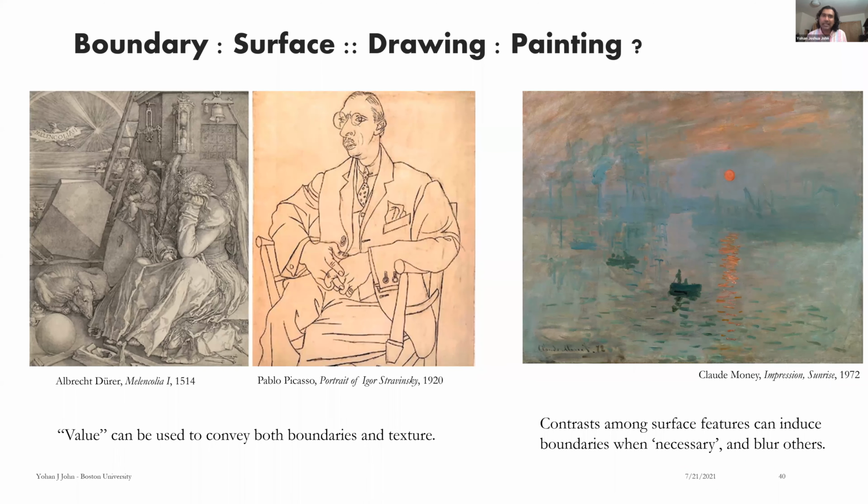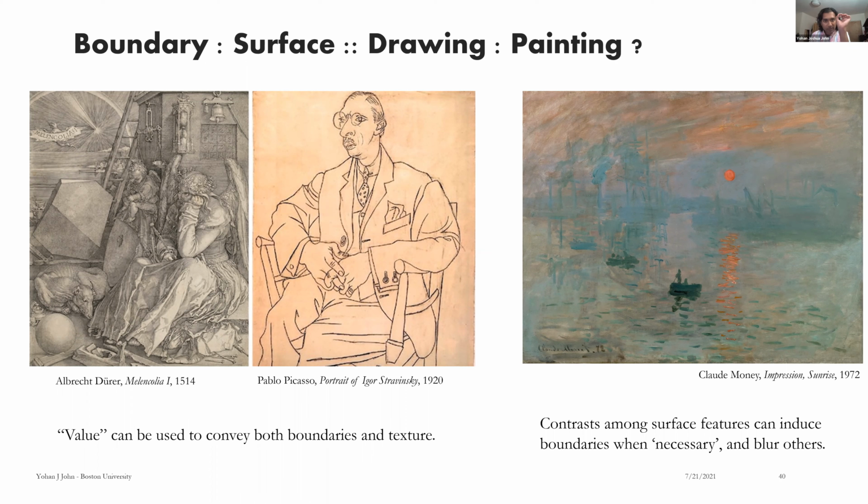So here's another analogy you can make: the boundary-surface complementarity you can compare with the relationship between drawing and painting. You're painting to provide features that go outwards and can bleed until they reach a contrast boundary.